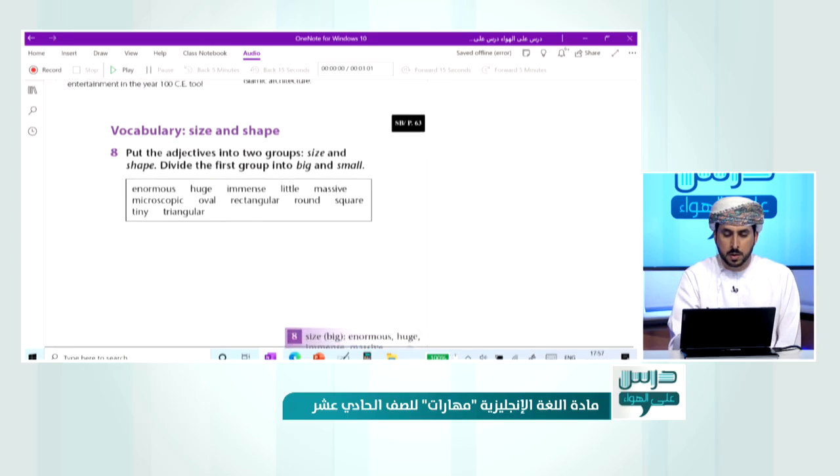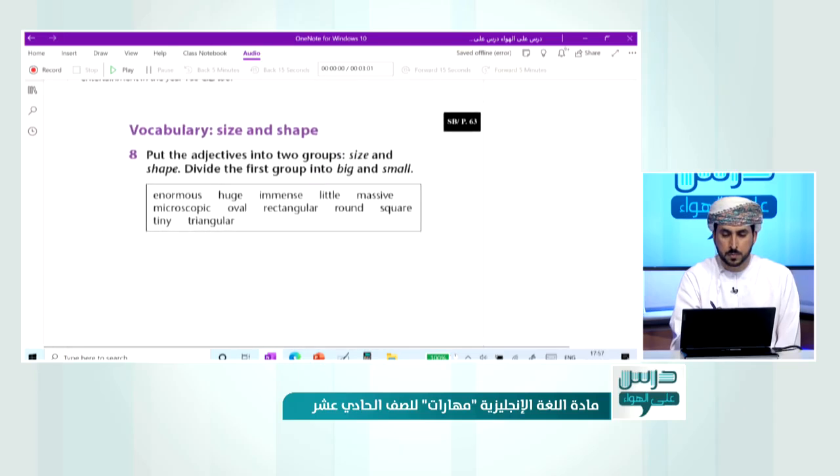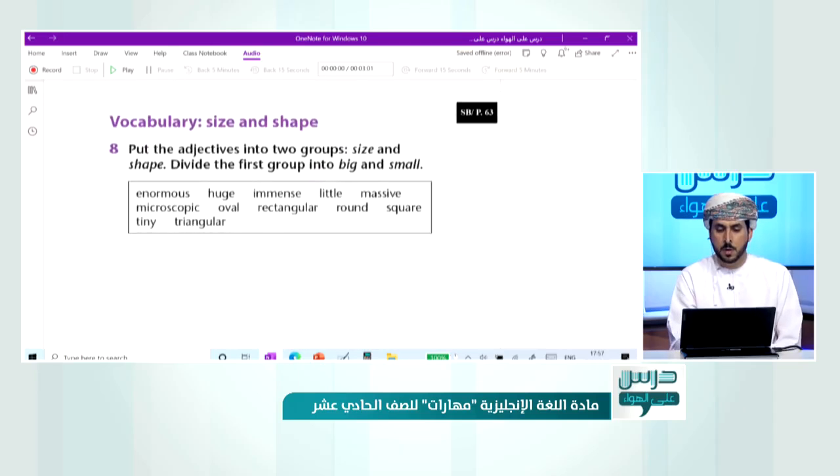Now, let's move to the next question here. This question is found in page 63. So please go to page 63, and we have question number 8. Put the adjectives into two groups, size and shape.